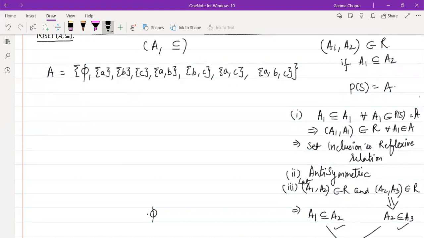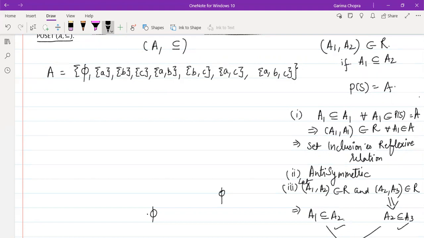And if I talk about the singleton sets {A}, {B}, {C}, then if I take any two from these 3 sets, they will not be related. They are not comparable, so I can take them on the same level. But since phi is related to all of these 3 singleton sets, these 3 singleton sets will be lying above this phi.